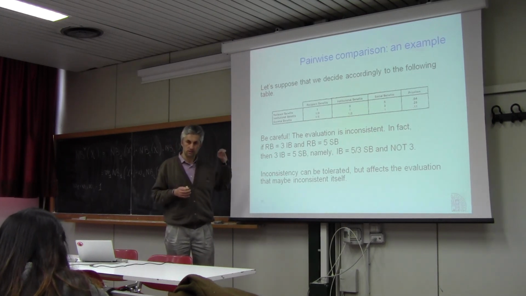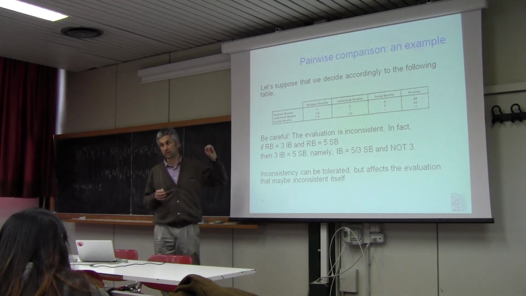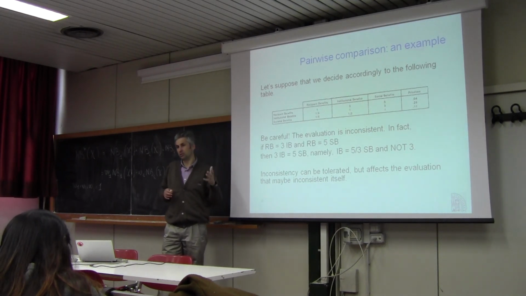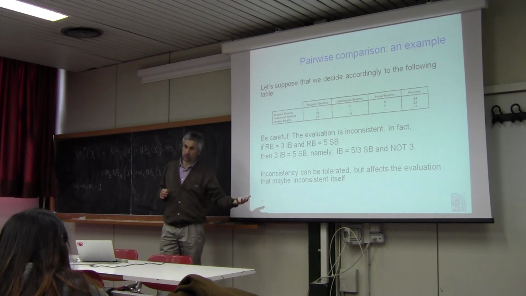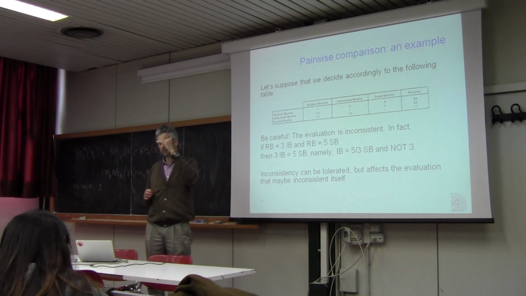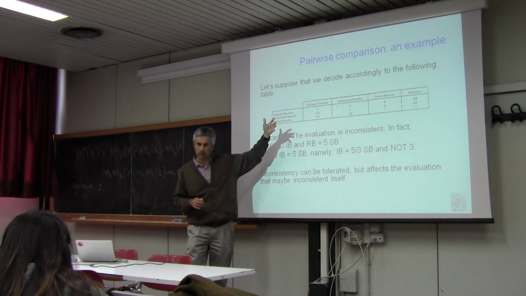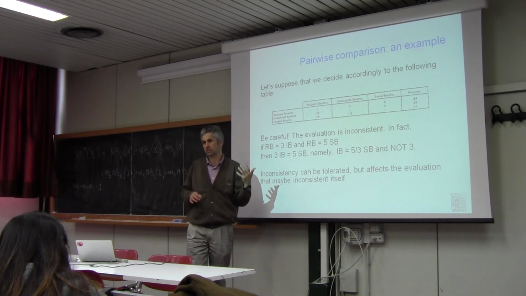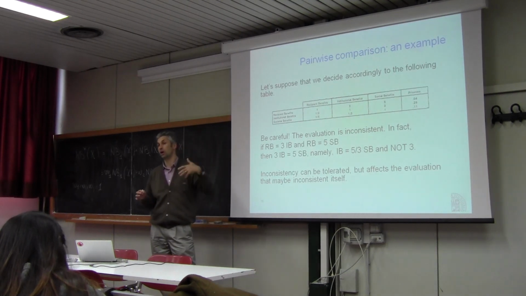There are methods, analytical methods, to evaluate inconsistency with also suggested thresholds, like methods that say, look, let's compute this index to evaluate inconsistency, and if the index is greater than a limiting value that is given, then please go back to your decision matrix, evaluation matrix, and try to make it more consistent, because the inconsistency is too high.